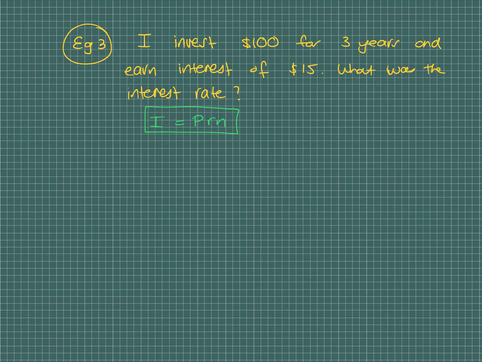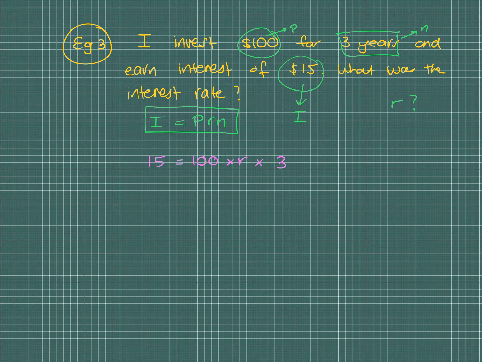Now in this case things are slightly different, because this $15 represents the interest, this $100 represents the principal, and this 3 years represents the N, which means what we don't have is the R. So if I plug that information in as it stands, we get 15 equals 100 times R times 3. So I call it a reversal question because we're kind of working backwards.